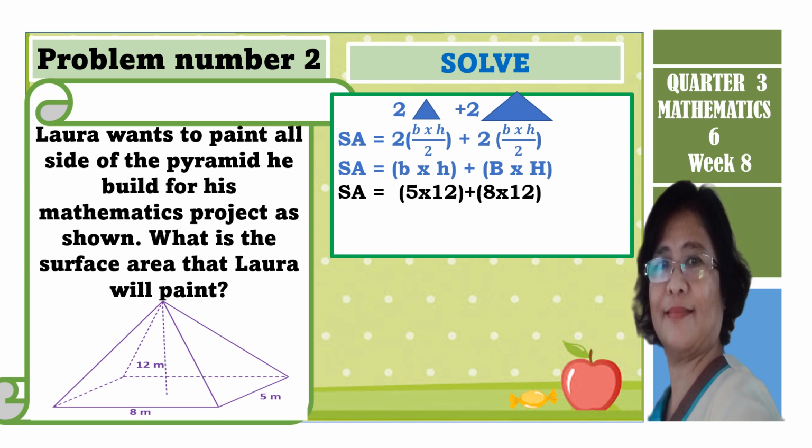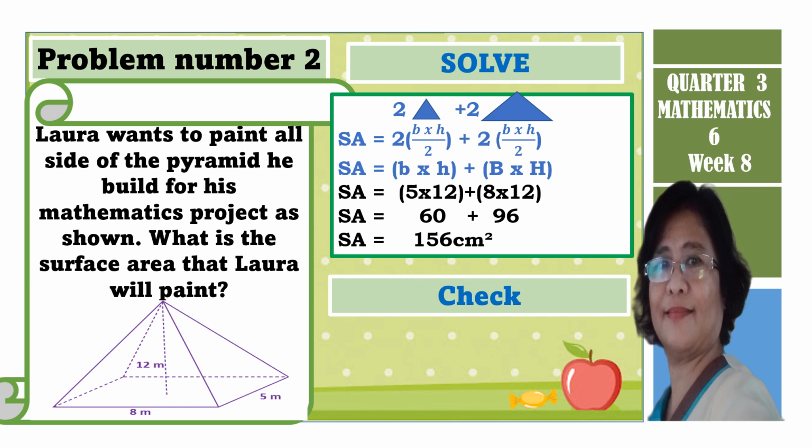For the smaller triangle, the side of the small triangle we have is 5, so that's why we have 5. Then let us just multiply. So 5 times 12 is 60, and for the bigger triangle, we have 8 times 12 is 96. We're going to add. So the surface area Laura wants to paint is 156 centimeters squared.